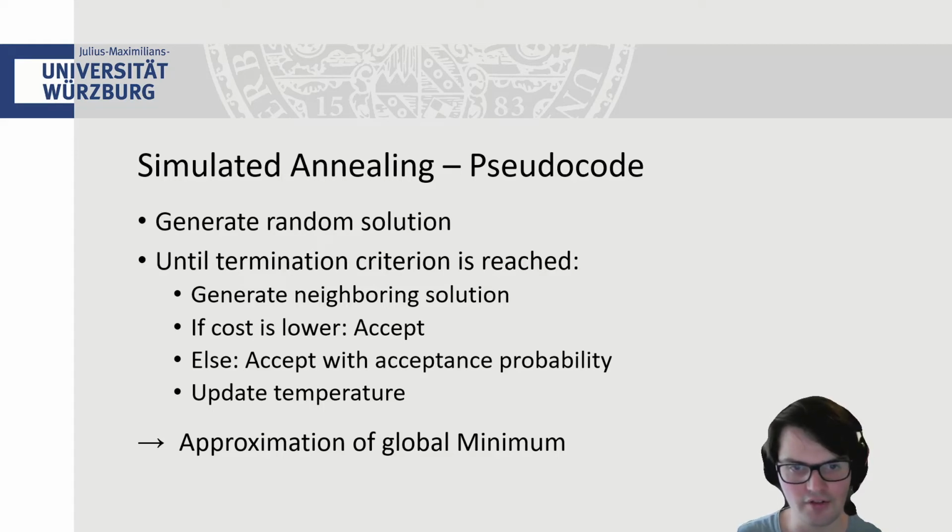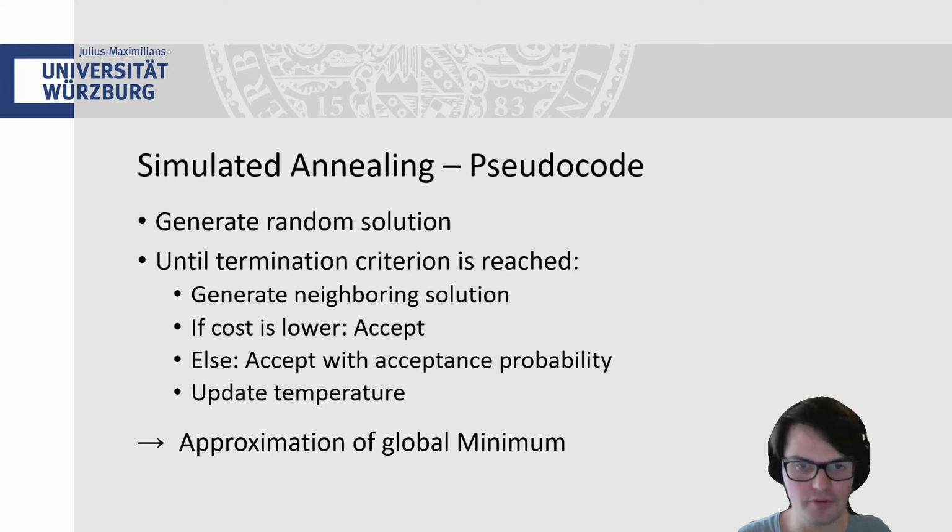Then in each iteration, we generated a neighboring solution, in our case by just going left or going right a little bit. And then we just accept the new solution if it's better, so we always accept it then. If it is worse, we compute an acceptance probability and accept our new solution with this probability.